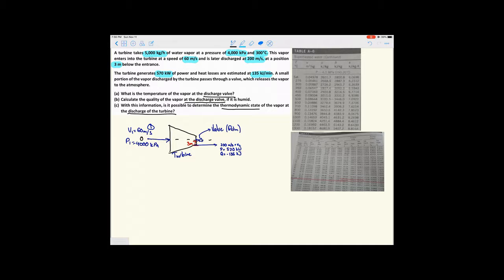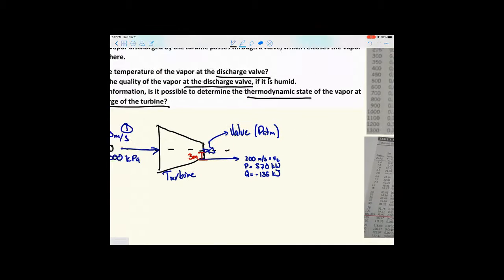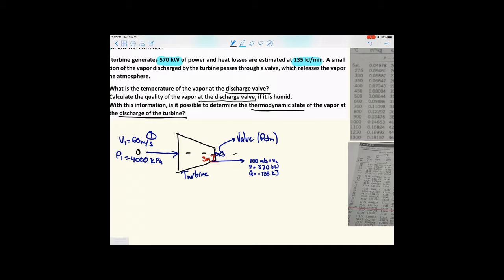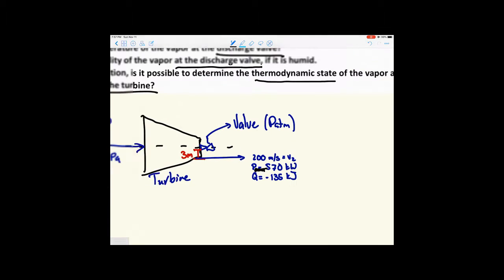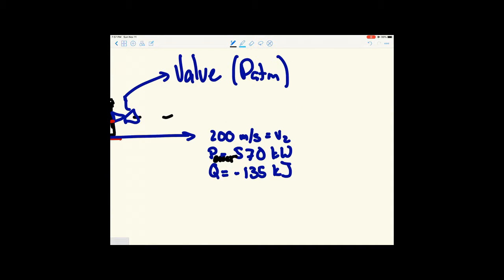The valve, which is at the same level as the entrance of the water vapor to the turbine, is at atmospheric pressure, and the discharge at a distance of 3 meters below the entrance happens at a speed of 200 meters per second, where there's a power supplied to it of 570 kilowatts, and there are negative 135 kilojoules of heat lost. The negative is there to emphasize the loss of the heat, as stated in the problem.